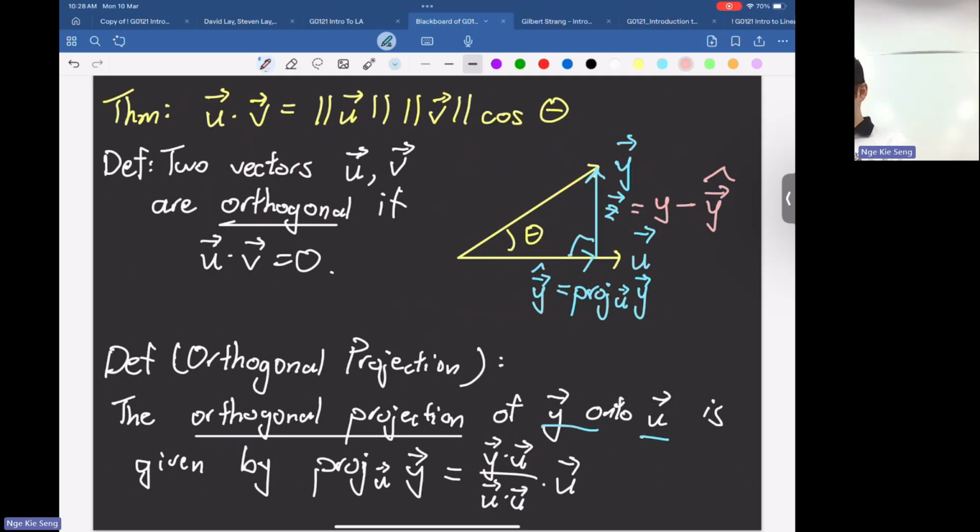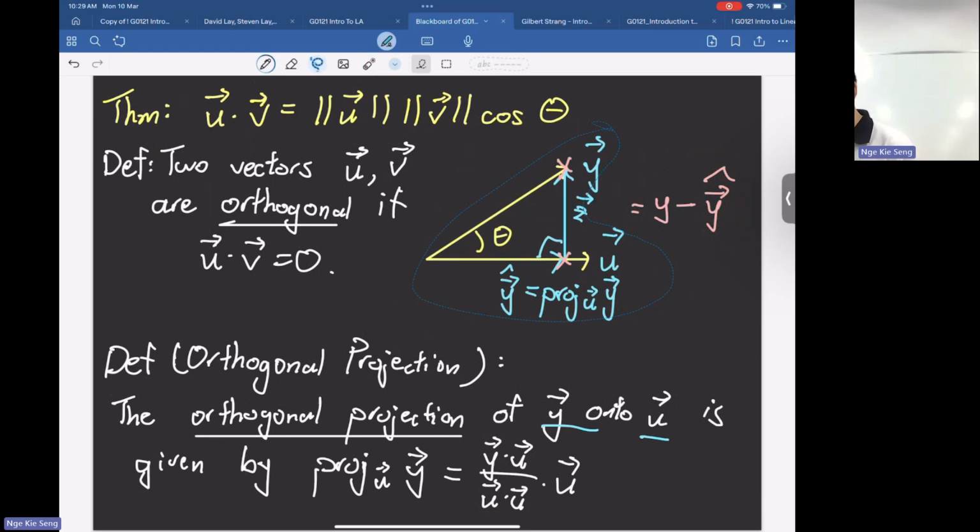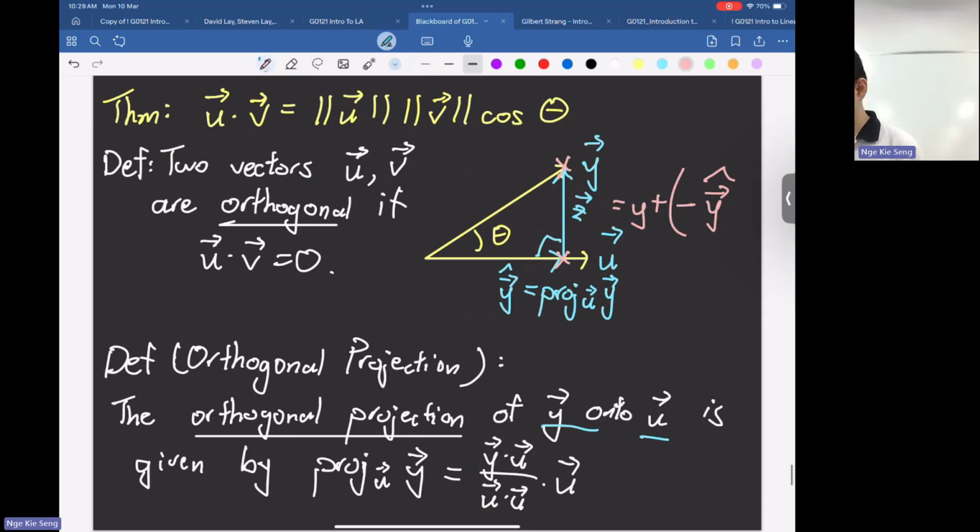Last time, how do we decide whether two vectors are the same? The starting point and the ending point are the same, right? You can see that z goes from bottom to the top. So where does this vector start? Maybe it's not a good way to write negative y here, so like this.